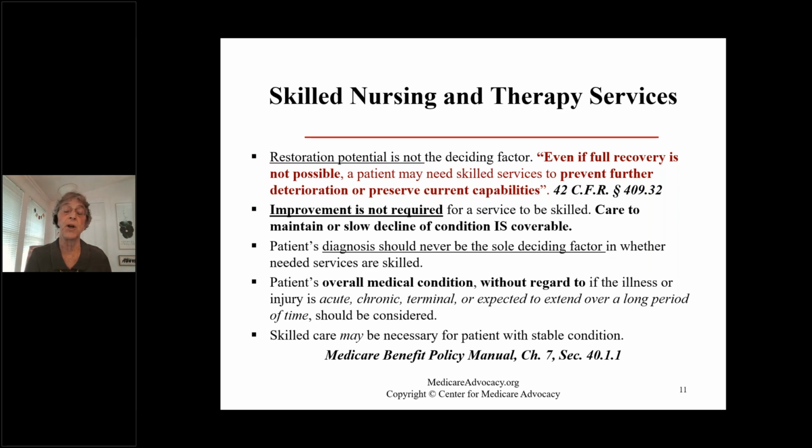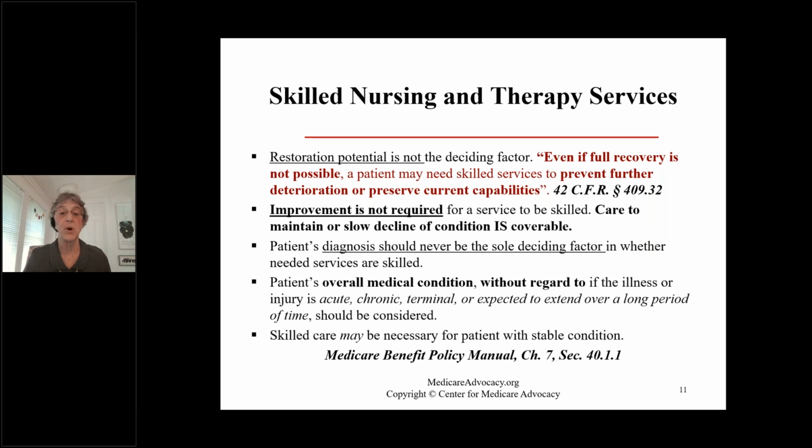Such an individual may need occupational and physical therapy to prevent or limit pain, to keep rigidity more relaxed, and there could be very valid reasons for skilled services and certain skilled nursing to be provided for such a patient.